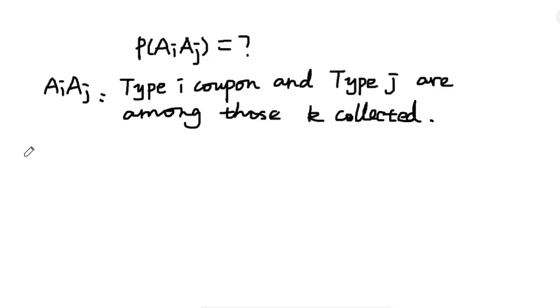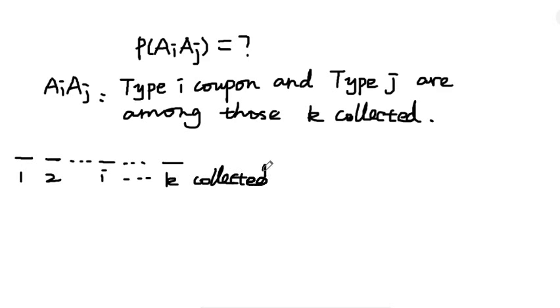So let me write the sequence. You might have 1, 2, until the K, right? So this is the first coupon, second one, and until the K-th one you collected. Type I and type J coupons are among those. You might have type I here.